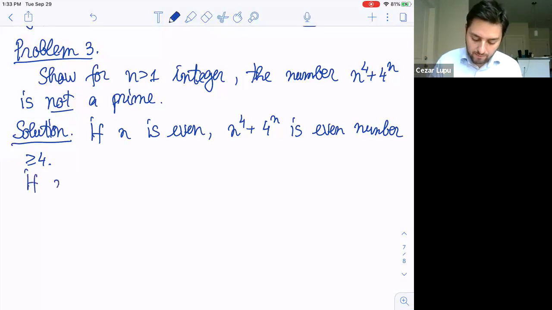Now, when n is odd, the situation gets a little bit more complicated. So let's write n as 2k plus 1.